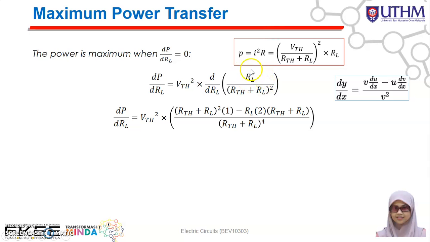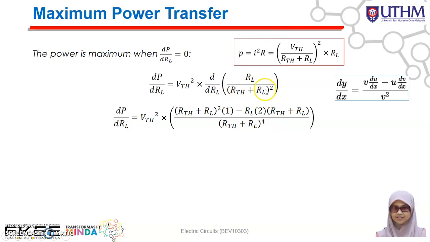You differentiate RL over RL and you get 1. Minus U, which is RL, multiplied by dV over dx. You differentiate R Thevenin plus RL, squared, with respect to RL, and you get 2 multiplied by R Thevenin plus RL, all divided by V squared.